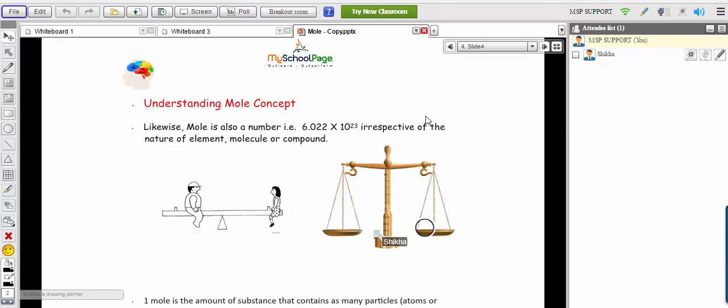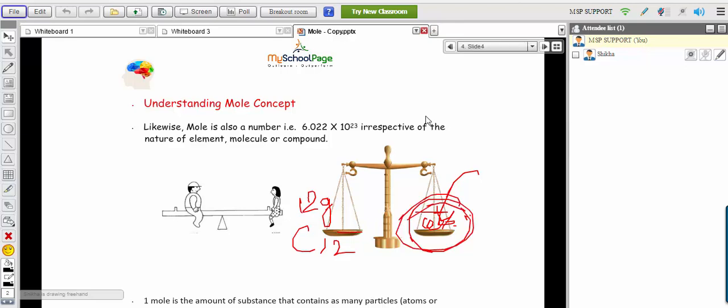You can visualize a balance where we keep 12 grams of C12 isotope on one pan, and keep adding the substance to the other pan. When both get balanced, that amount of substance is called a mole of that substance.